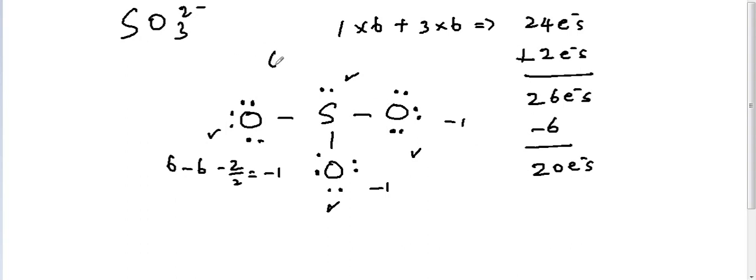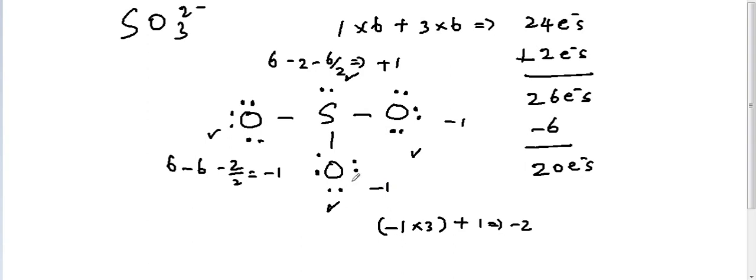It is 6 minus 2 minus 6 by 2, which is plus 1. The algebraic sum should be the same as the charge over the ion. So here it is minus 1 into 3 plus 1, which is minus 2, and the structure drawn is correct.